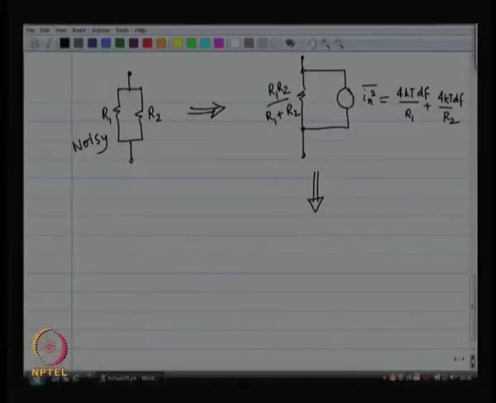So, if I transform this current source into its Thevenin equivalent, then what I am going to get is this resistance R 1 R 2 by R 1 plus R 2 in series with a voltage source, where V n squared is equal to I n squared times the square of the resistance.